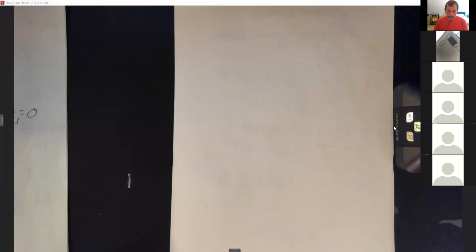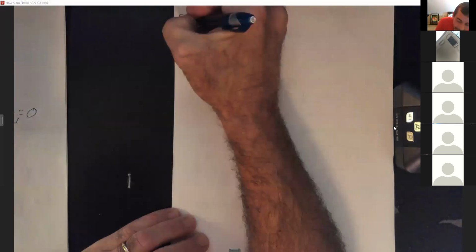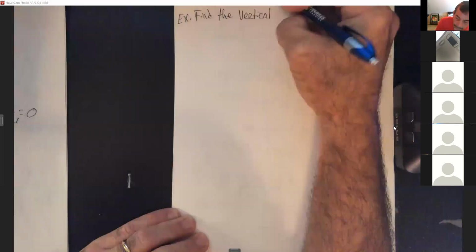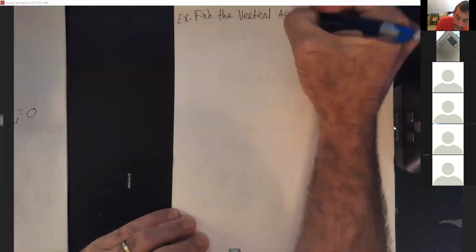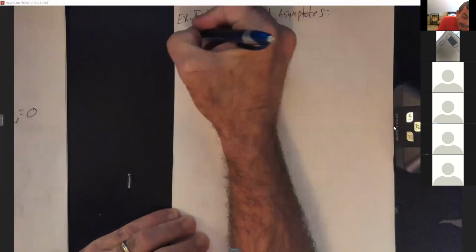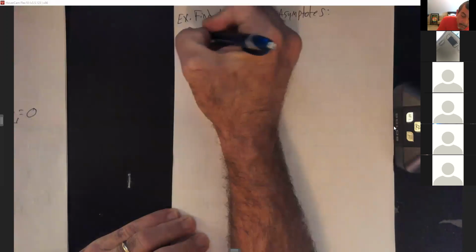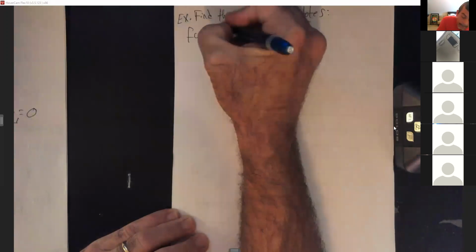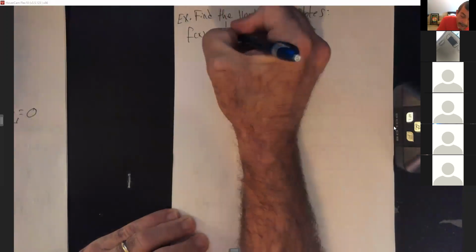All right, so now we're going to go back to just finding vertical asymptotes. I think we did a few of these the other day. All right, so we're given on this one, f of x equals 1 over x minus 1 squared.